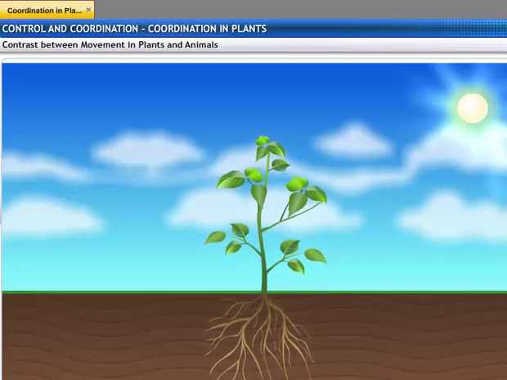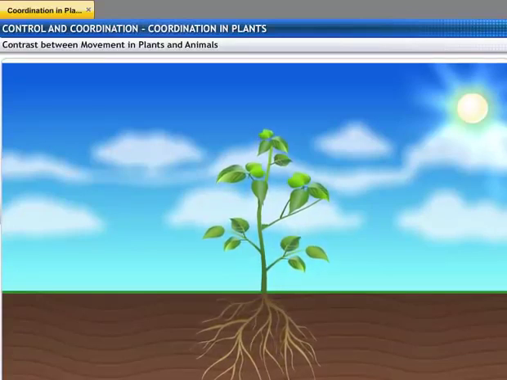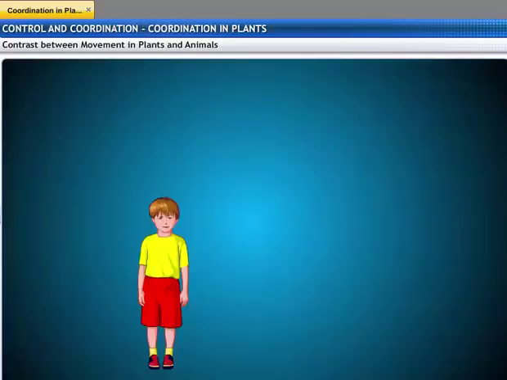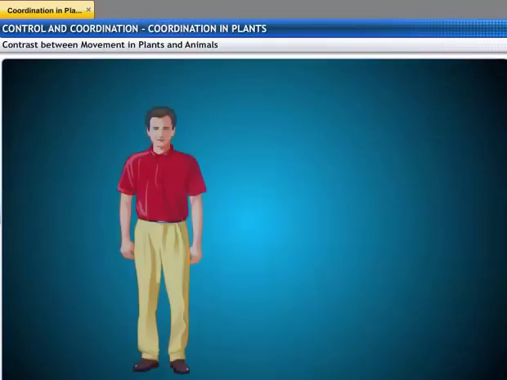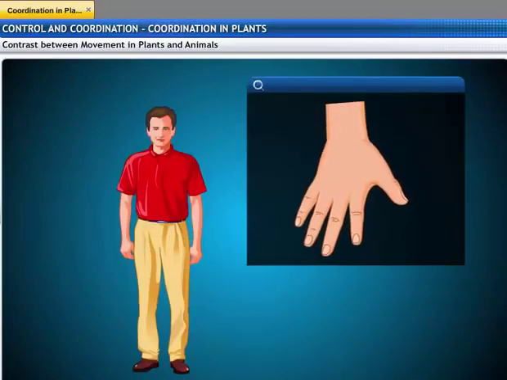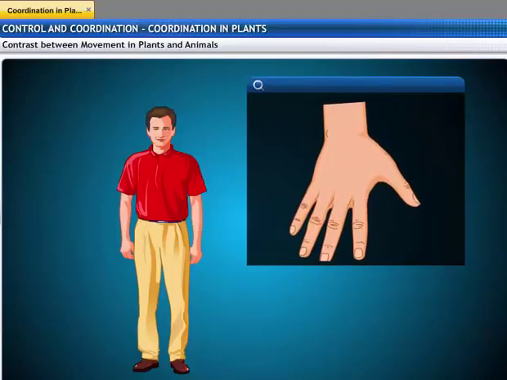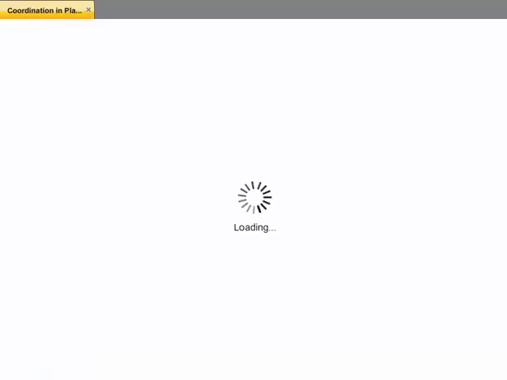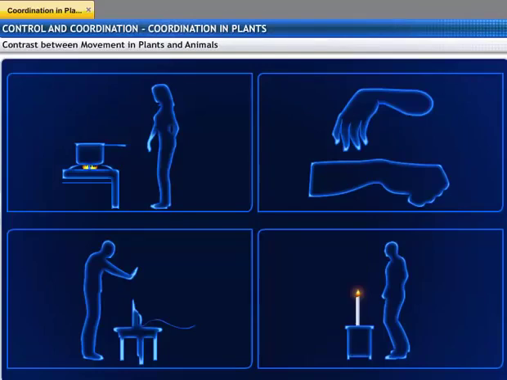Growth-related movement of plants will be even slower. As such, animal bodies also exhibit controlled directions of growth. Our arms and fingers grow in a certain direction and not haphazardly. Controlled movements can be slow or fast.